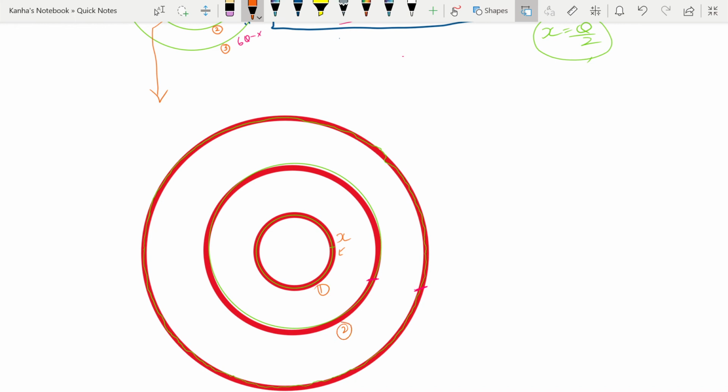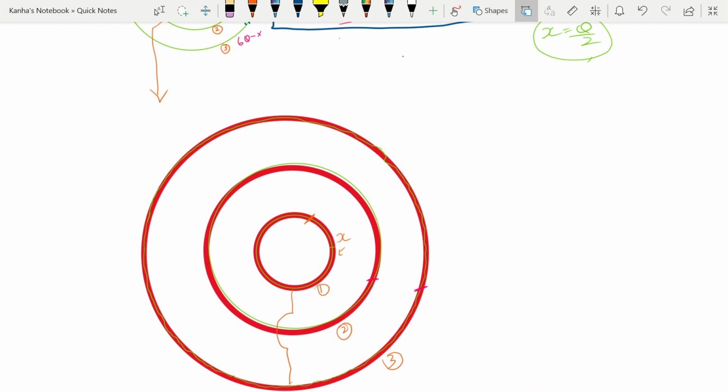This is 1, this is 2, this is 3, and 1 is connected to 2. Now the charge on this surface is x. If I use the first green ring, the first Gaussian surface, I see that there is no charge inside, so I don't need to induce any charge. So we are fine with the first one.